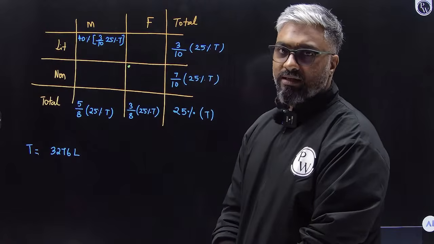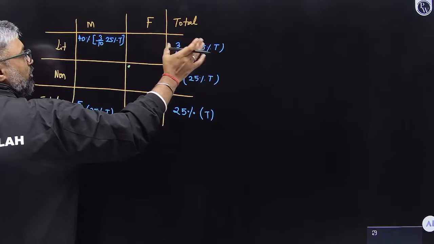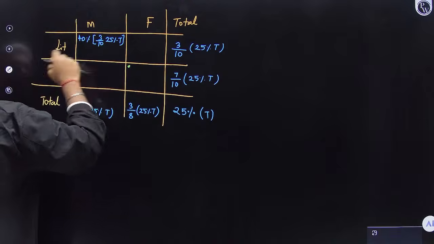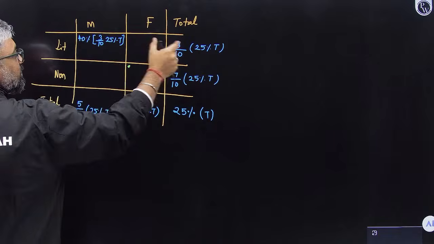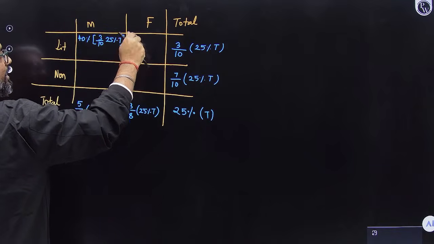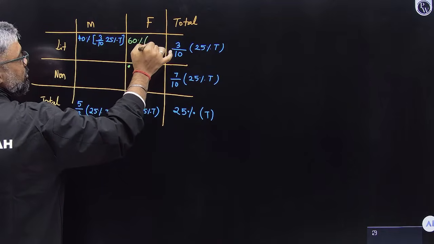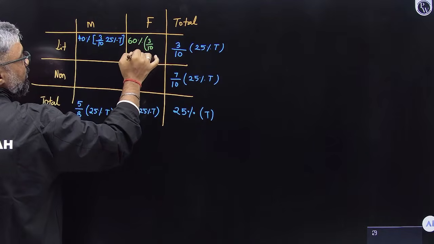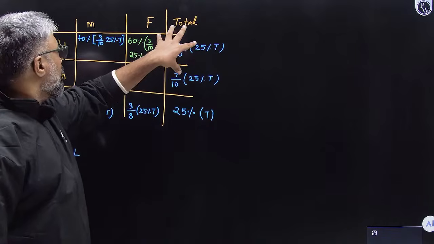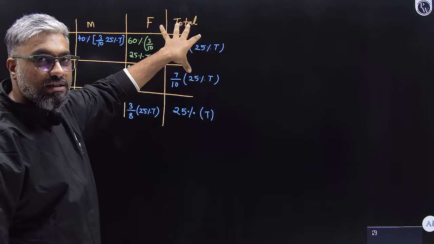How can I calculate this value? Out of this, if 40% is here, can I calculate this value? This will be the remaining 60%. Agreed or not? 60% of this 3/10 of the 25% of T is here, correct? Out of total literates, if 40% are men, remaining 60% will be women.